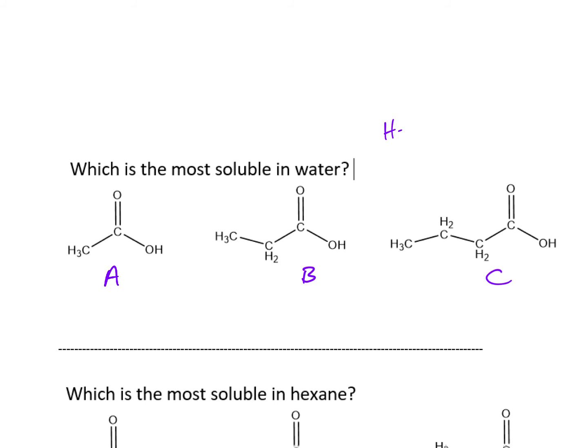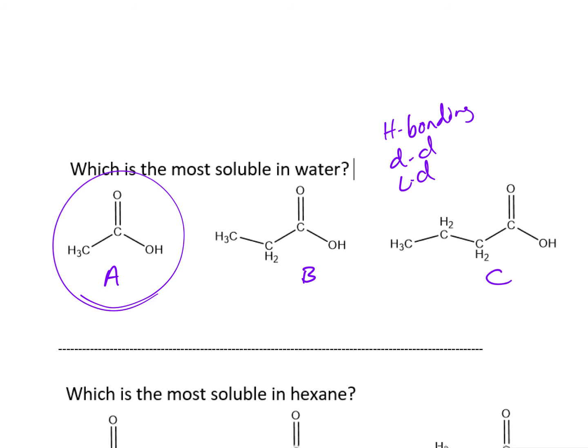It'd be good if we have some hydrogen bonding, because that's what water has. Dipole-dipole, and London dispersion. All three of these molecules have that, but they have the OH group. And because we're increasing the hydrocarbon chain in molecule C, we're actually decreasing the polarity of that. So by comparison, molecule A would be the most soluble in water. So as we increase hydrocarbon chains, things become less soluble in water.